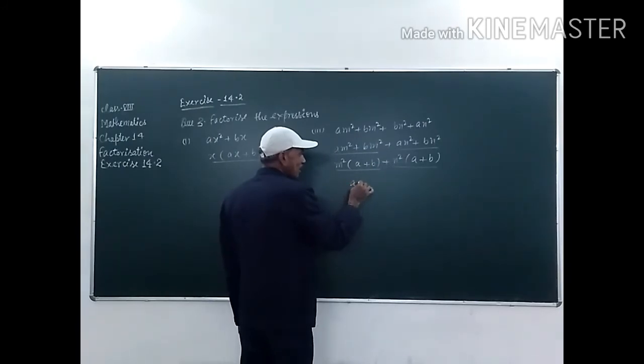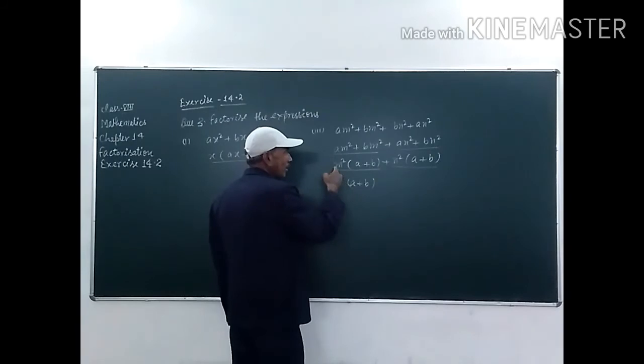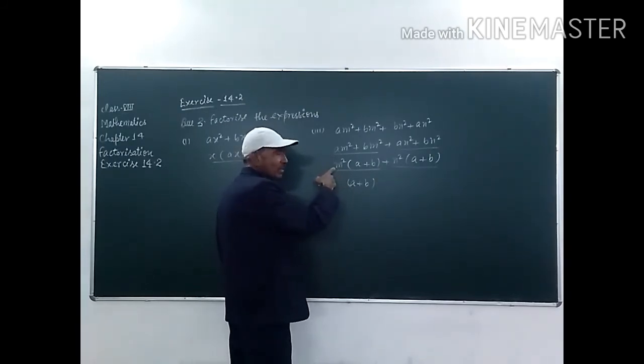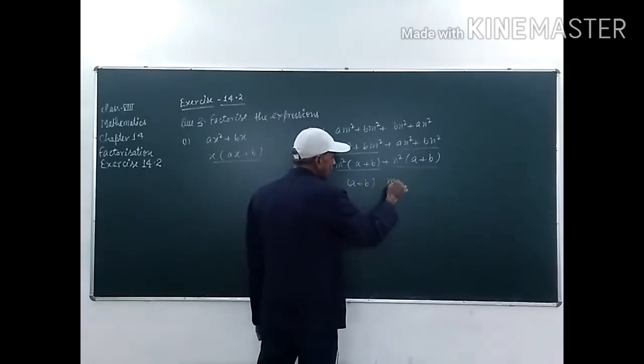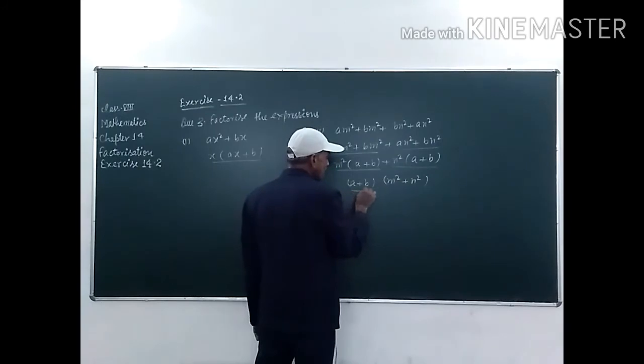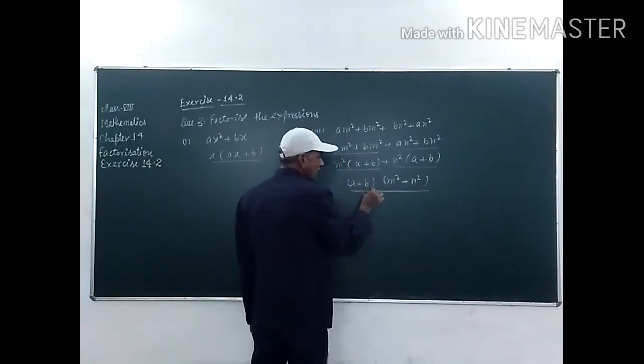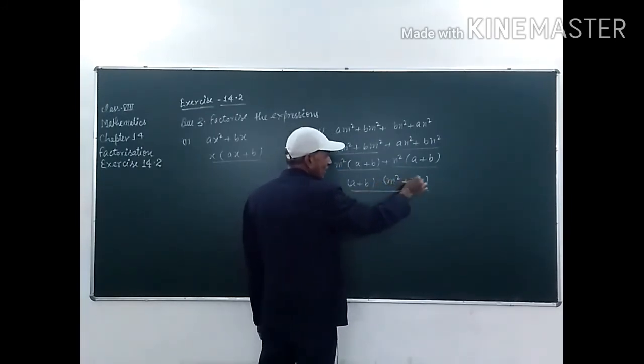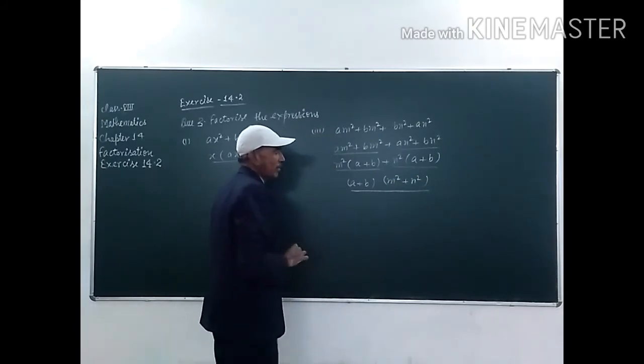So take a plus b as common, and what will remain in this first term? That will be m square, and in the second term plus n square. So the answer will be a plus b into m square plus n square.